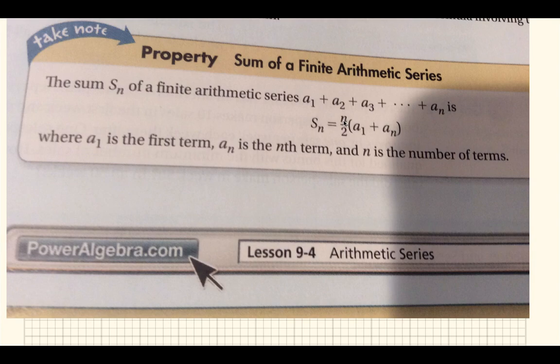N is going to represent our final term, like the 100th term. It's not what the actual term is equal to, if that makes sense. I'll clear it up when we do an example. So this is my formula: n over 2 times the first term plus the last term.